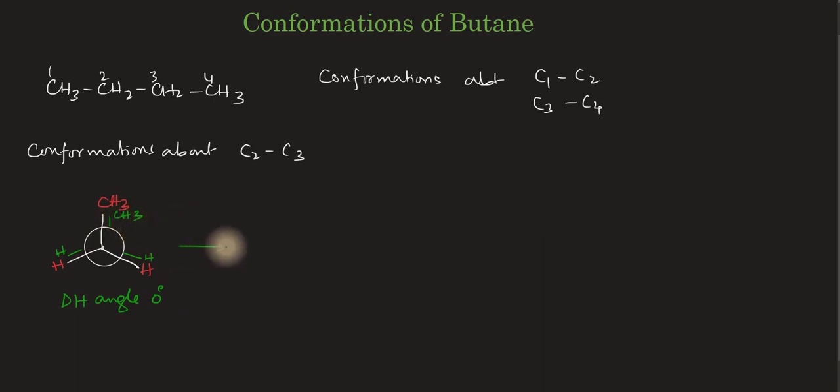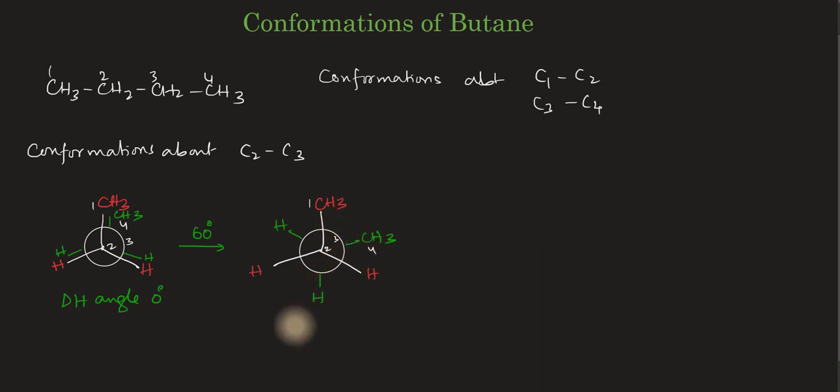Now if we rotate or increase the dihedral angle by 60 degrees, our structure becomes, this is carbon number 2, 1, 3 and 4. Similarly here 1, 2, 3 and 4.